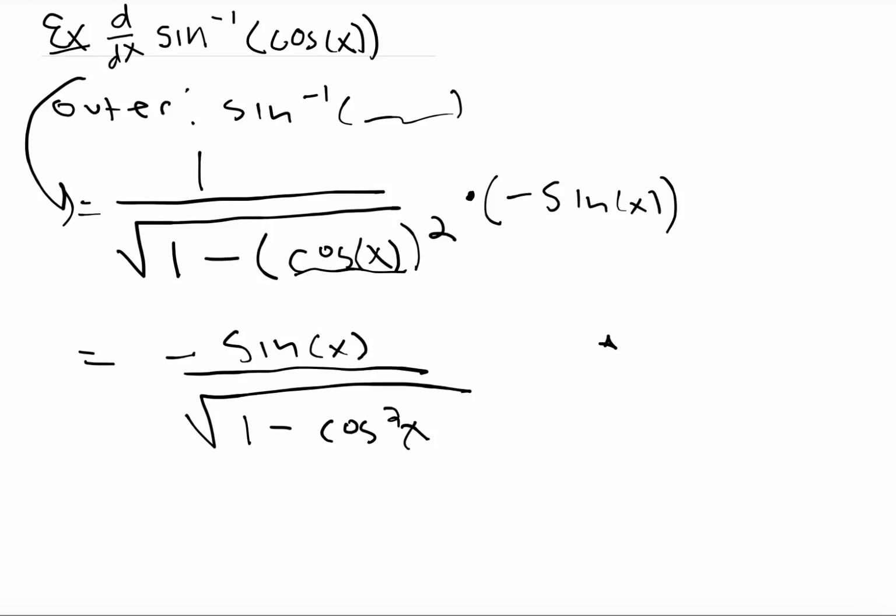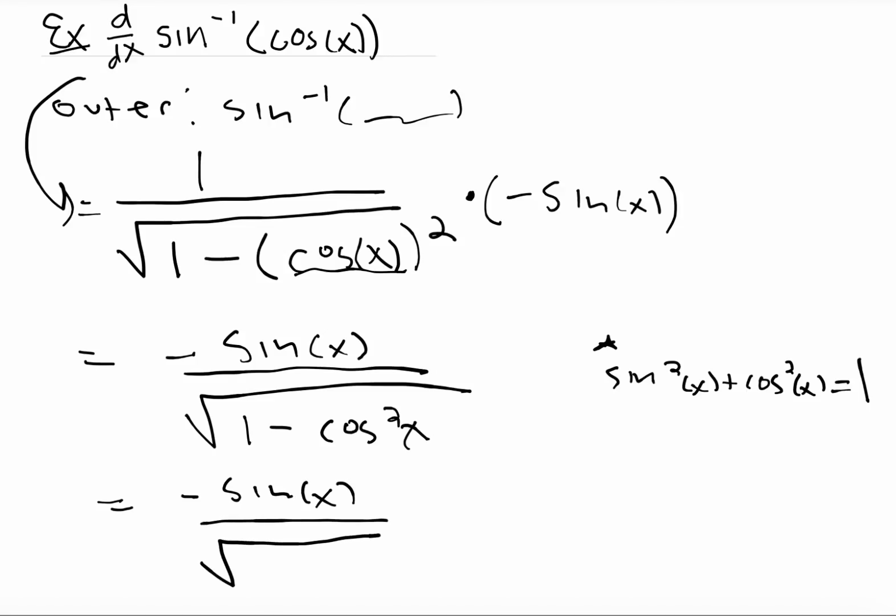Remember, we had that trig identity that we were using earlier that said that my sine squared of x plus my cosine squared of x is equal to what? 1. So if I think about subtracting cosine squared from both sides, what this is going to tell me is that this really simplifies down on the bottom to the square root of sine squared of x.